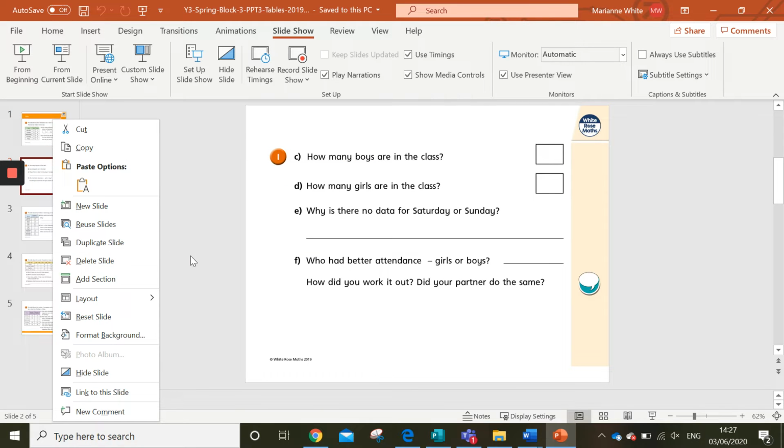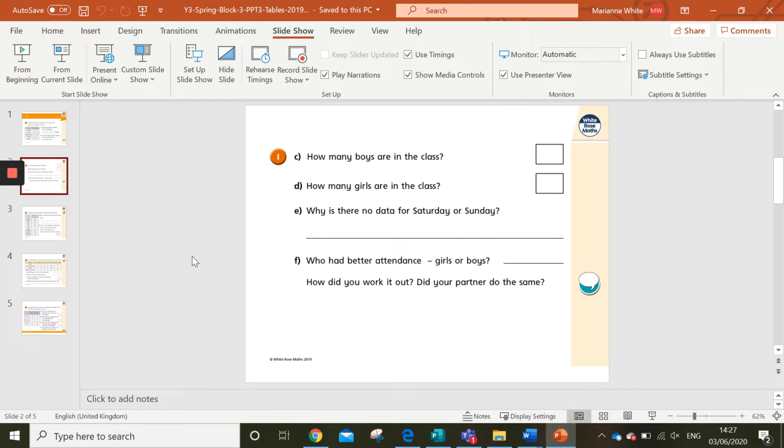The next question asks how many boys are in the class and how many girls are in the class. To discover this answer, you would need to find out on which day, use your information from the last question, on which day all the children were in class. Question E. Why is there no data for Saturday or Sunday?